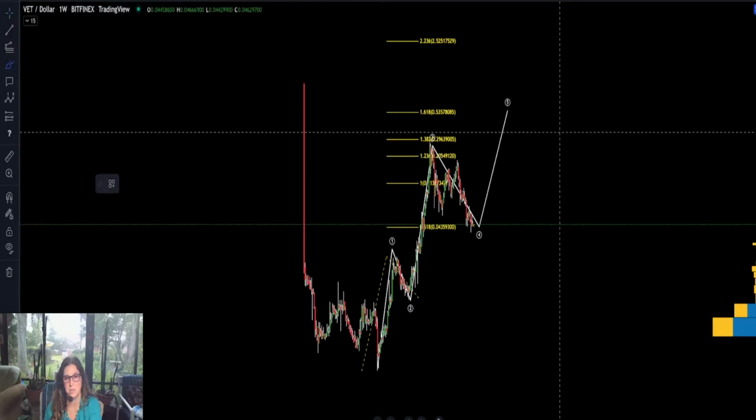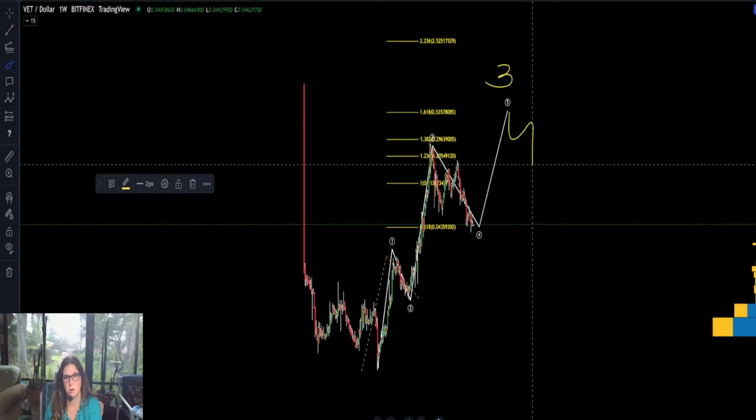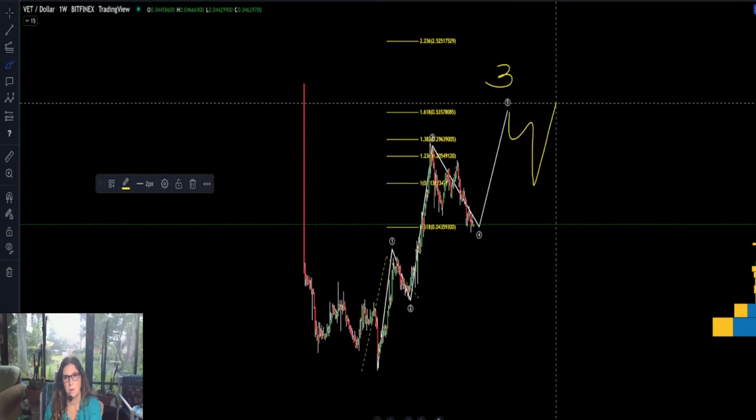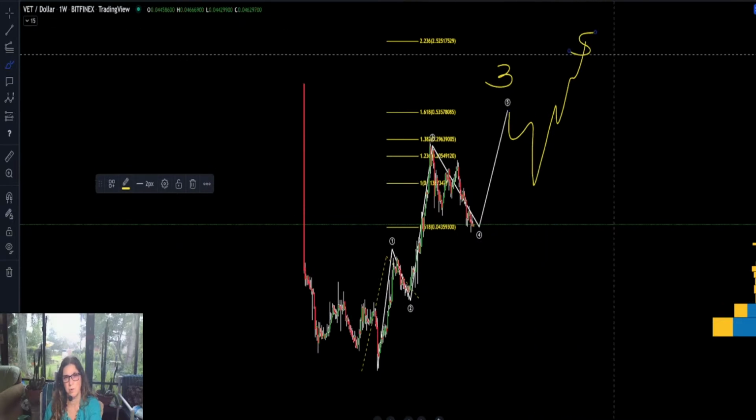This is an alternative. So this would be 3. Then it would correct for 4, and back up for 5. And then it would have a complete 5-wave move.